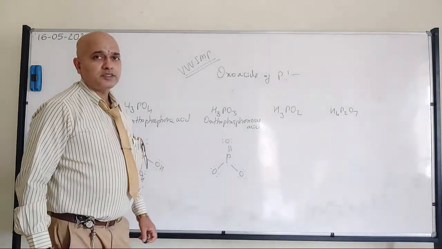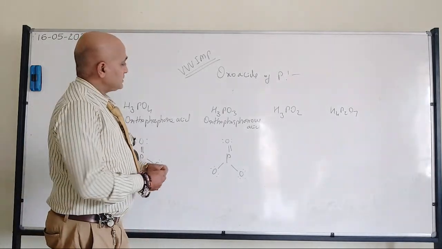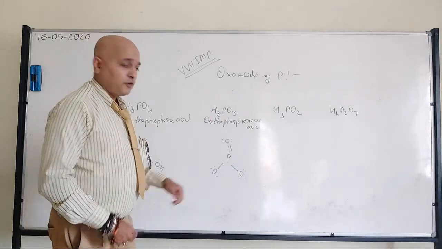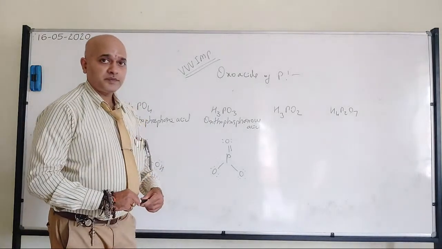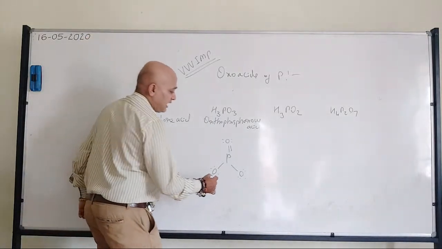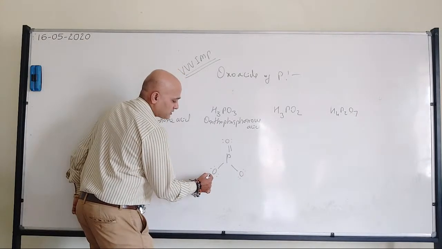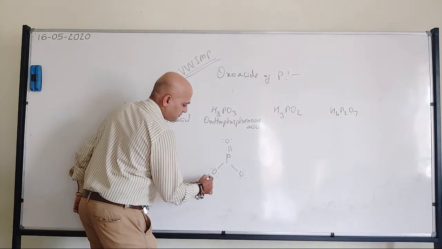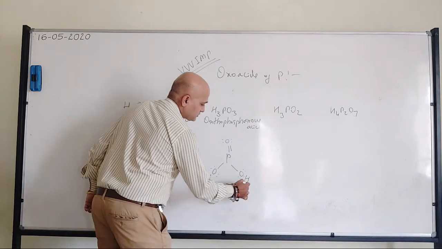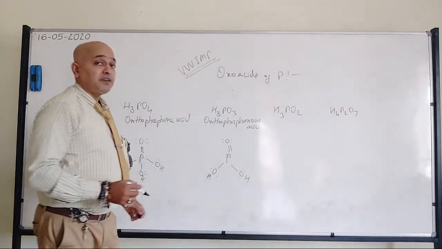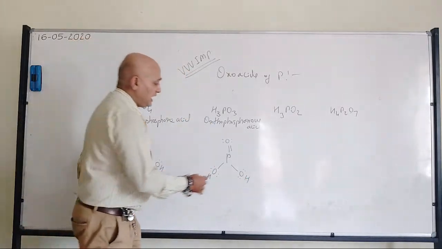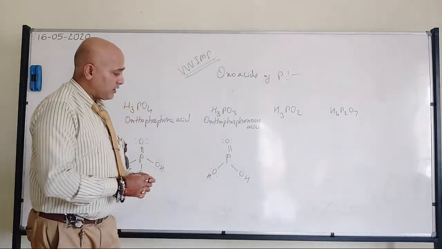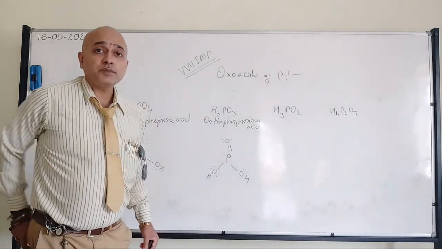Only one, not 2, will make the double bond, because 3 hydrogens are there. Now, this oxygen will take a hydrogen, or this oxygen will also hold a hydrogen. Still we have one hydrogen left over, and still we have one electron left over on the phosphorus.